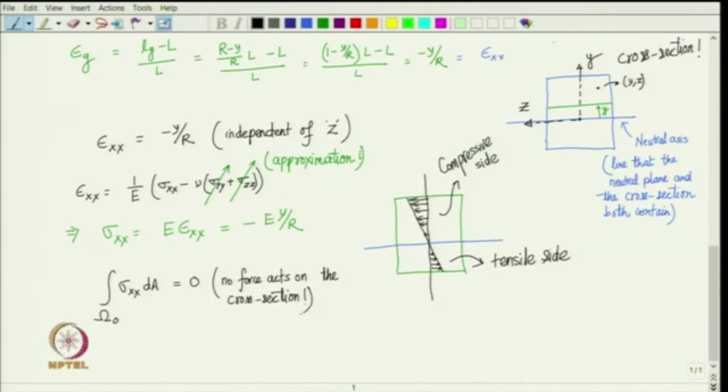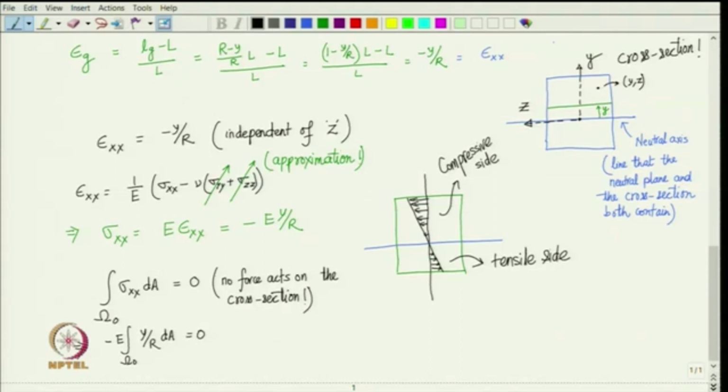But let us see what is the fallout of this observation. So, this implies integration over omega naught of the Young's modulus E times y by r dA is equal to 0. So, I took the Young's modulus outside, assuming that the whole cross section is of the same material.